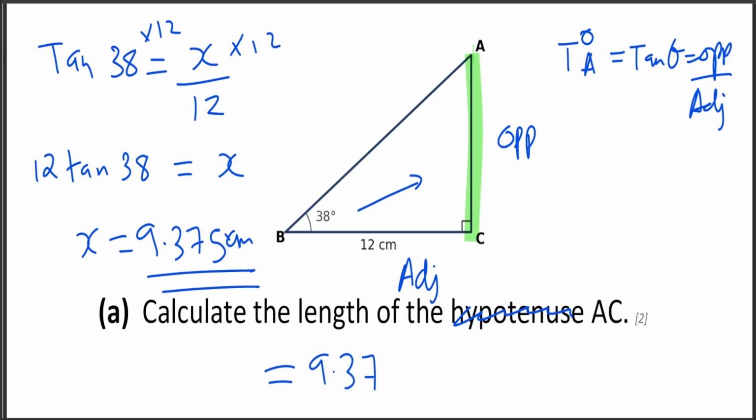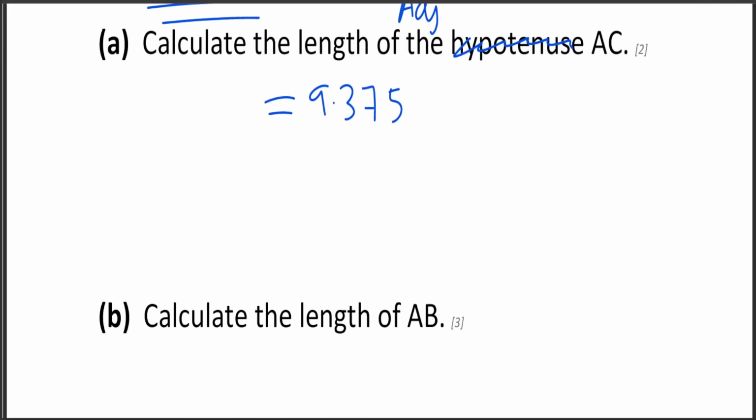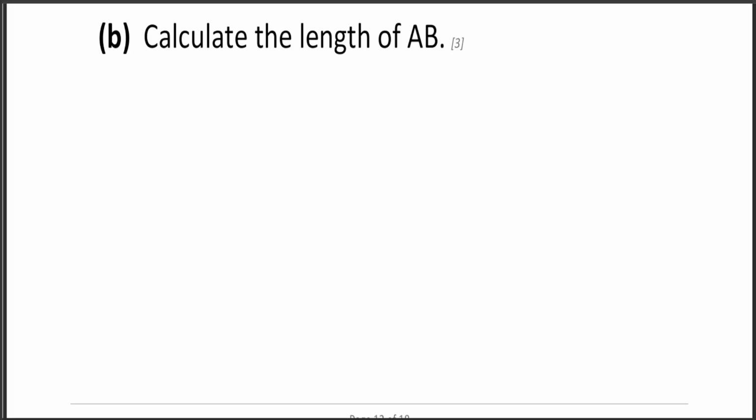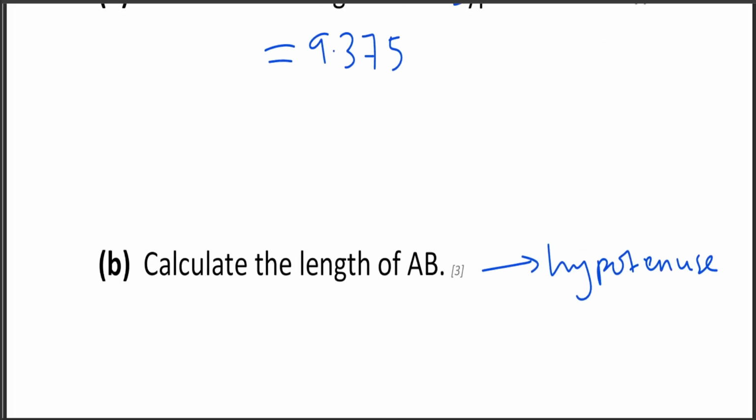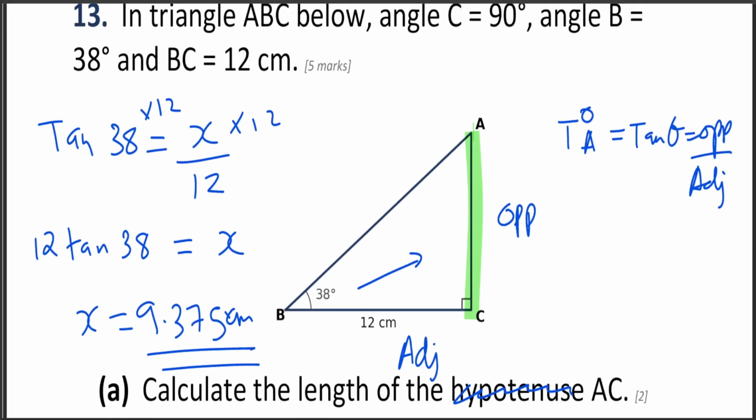The second question is asking you to find the length of AB, and AB is your hypotenuse. Here also we will use Pythagoras theorem, or you can use trigonometry if you want, but let's use Pythagoras theorem for now. Your opposite you already know is 9.375 centimeters. You don't know this AB.